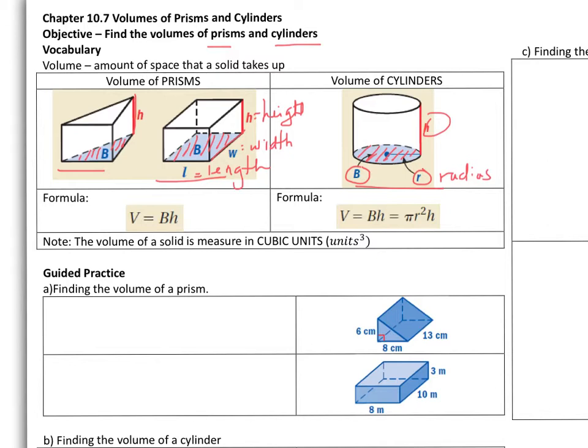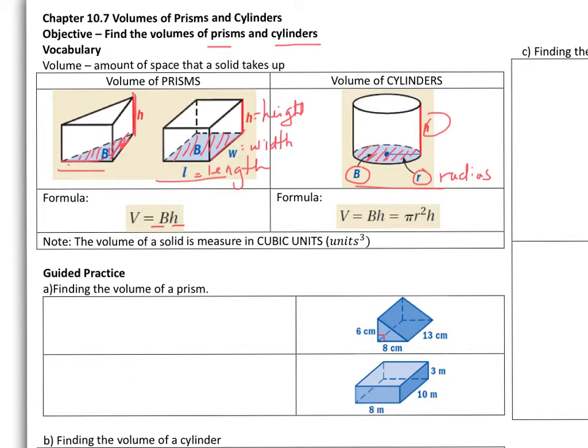The formula to find the volume of a prism is simply the base area times the height. So if I have a triangular base, I would take the formula of a triangle, half times base times height, and multiply by the height of the prism.